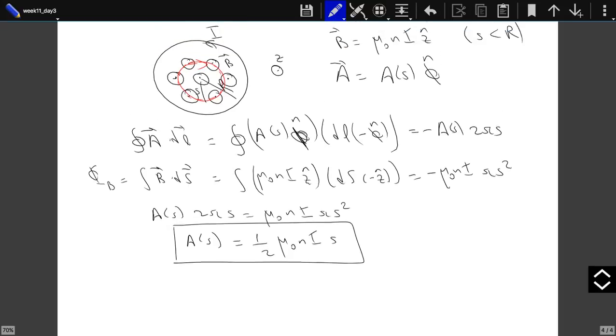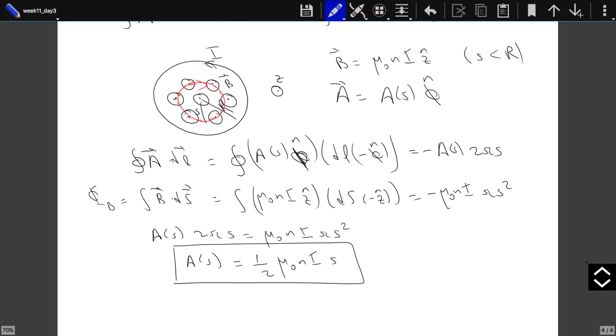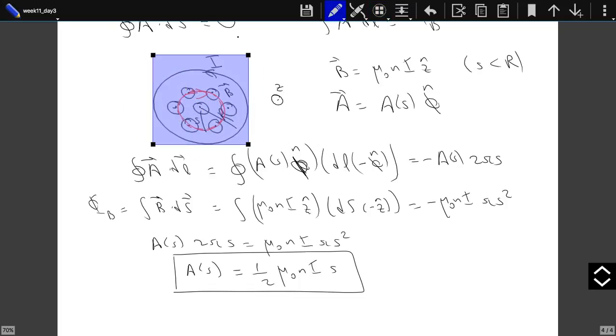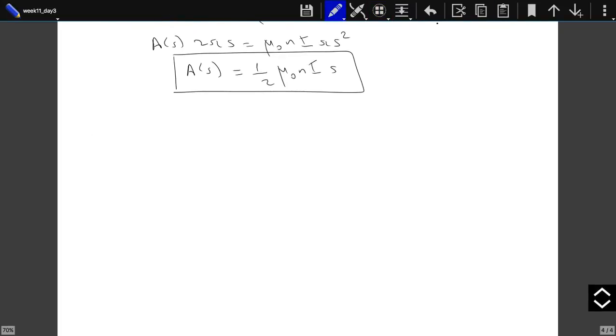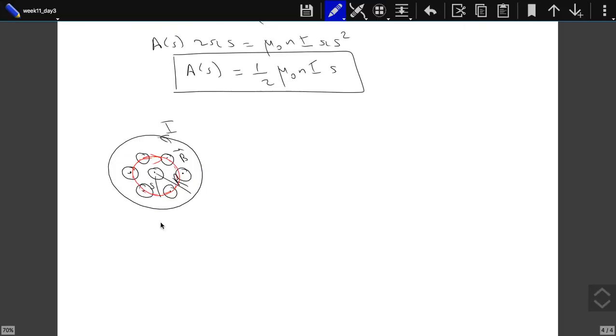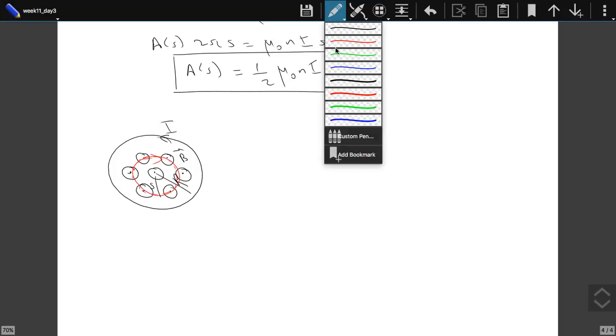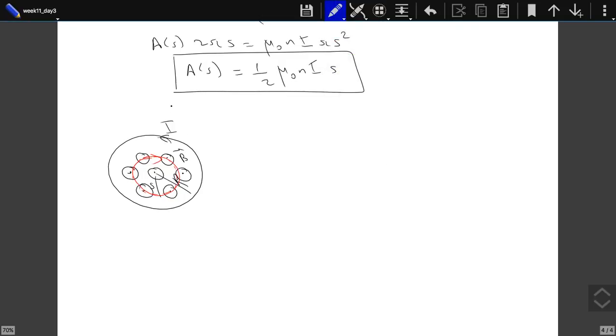Well, let's calculate A outside. To calculate A outside, I will assume such a loop and just repeat the same thing.